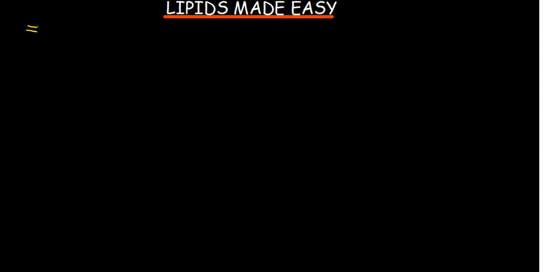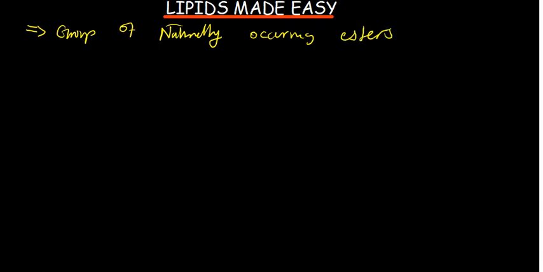So a lipid is a group of naturally occurring esters. Okay, a group of naturally occurring esters. I think we did organic chemistry in high school and we know what an ester is.